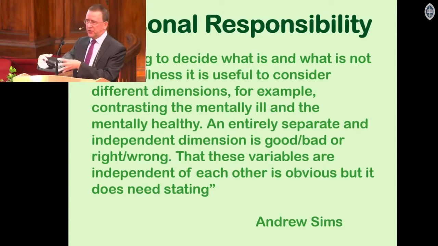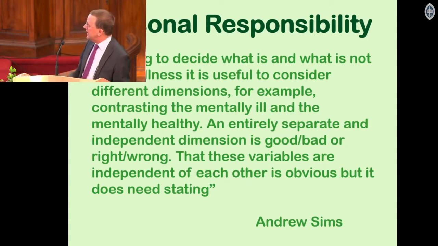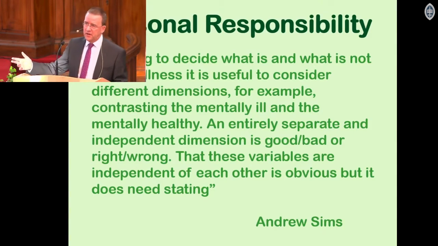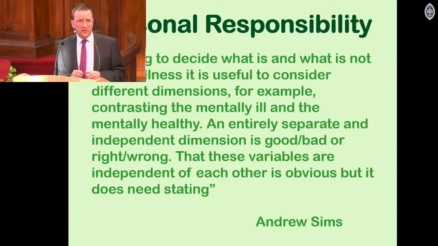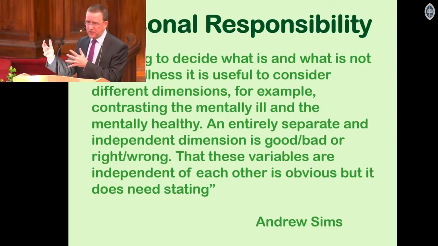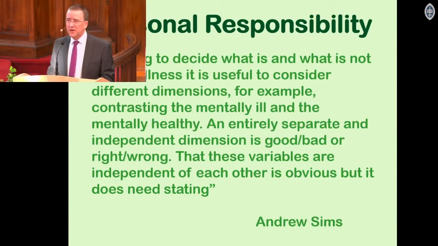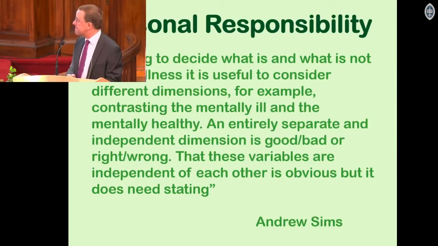How do we distinguish that from mental health? But an entirely separate and independent dimension is good, bad, and right and wrong. We don't define mental illness in terms of moral behavior, which goes to one of the questions that was raised earlier. This is a different construct or a different concept. That these variables are independent of each other is obvious, but it does need stating. Okay, next slide.